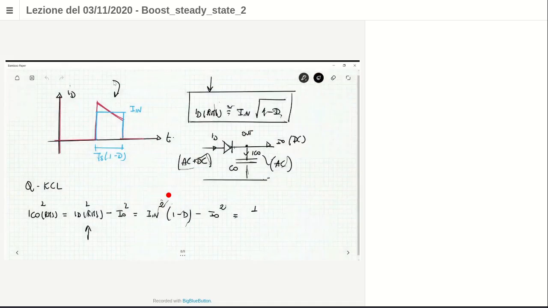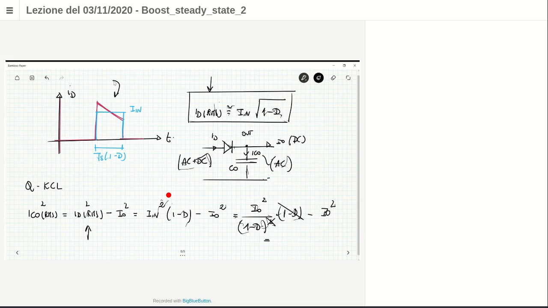So I can say that I_in squared is I naught squared over 1 minus b squared, multiplied by 1 minus b, minus I naught squared. This can be simplified in this way.